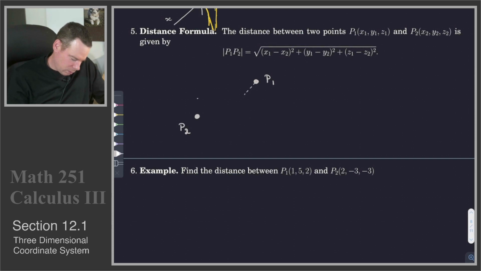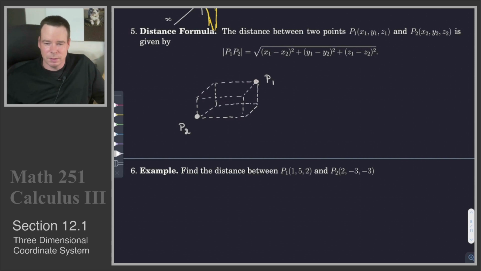So our rectangular box is going to look something like this. And we'll keep drawing to give full perspective here. So there's our rectangular box.